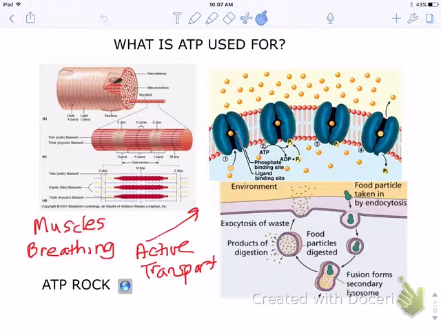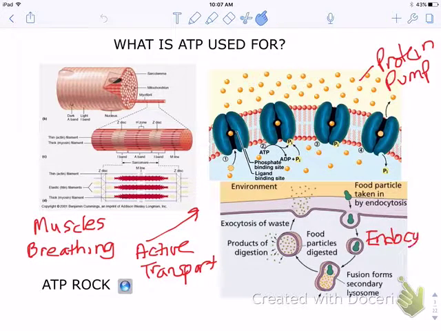We use it when we have a protein pump, which was a type of active transport. We use it for endocytosis. Every activity that your body does requires ATP to work.